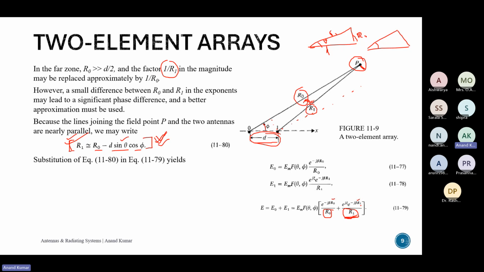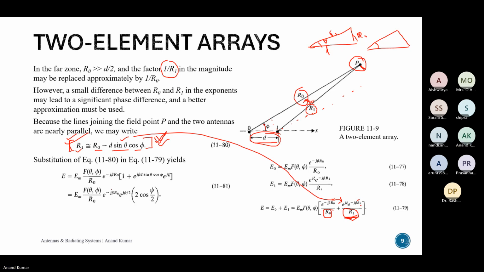Anyways, so we use this approximation again in this expression over here in the phase term, and not in the denominator term, and we'll end up with this particular expression. So the E field is now E power minus j beta r naught. So we have now written r1 as r naught minus d sine theta cos phi.